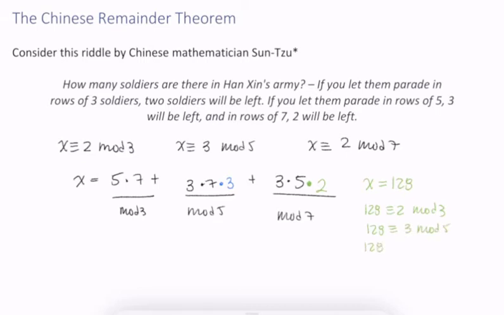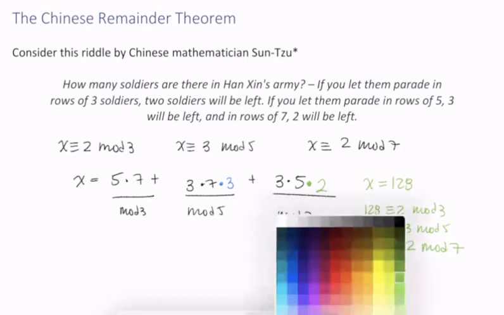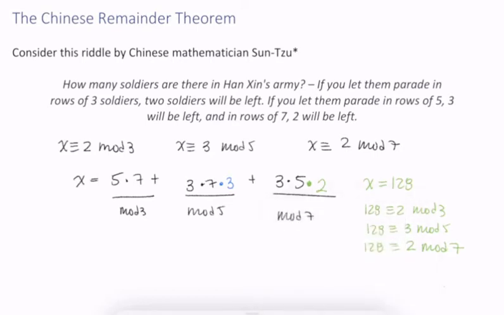And 128 is equivalent to 2 mod 7. Wonderful. We have found a number that works. So now that we have our correct number, and in case you can't see the screen that well with these colors, I'm going to quickly darken up all these values.